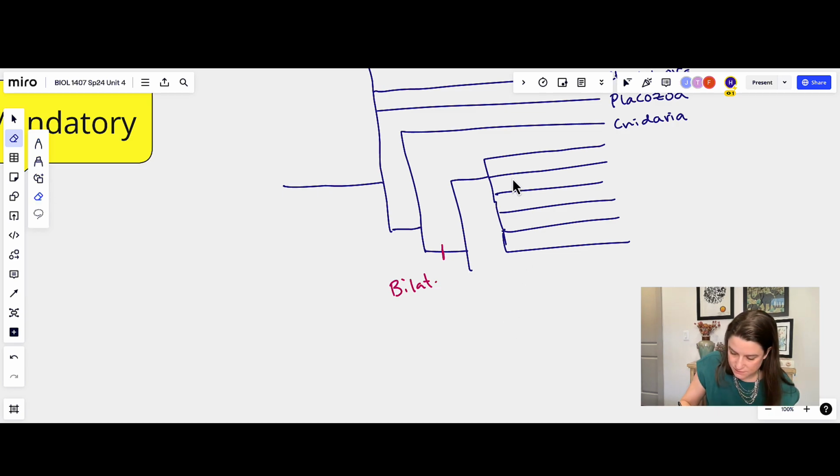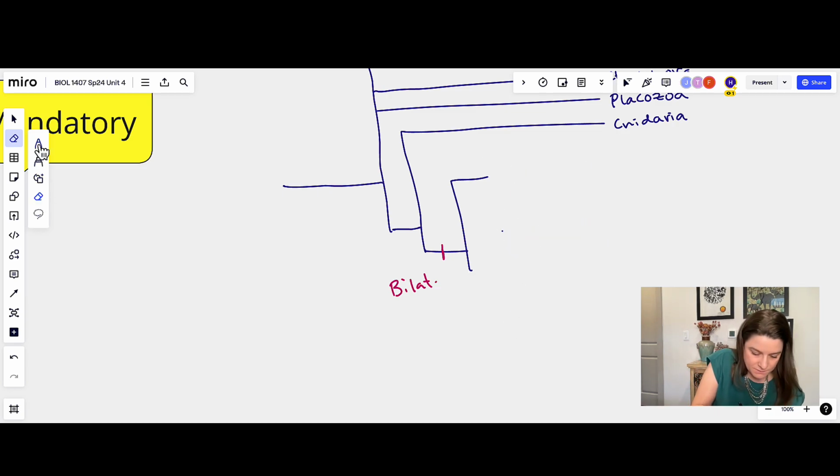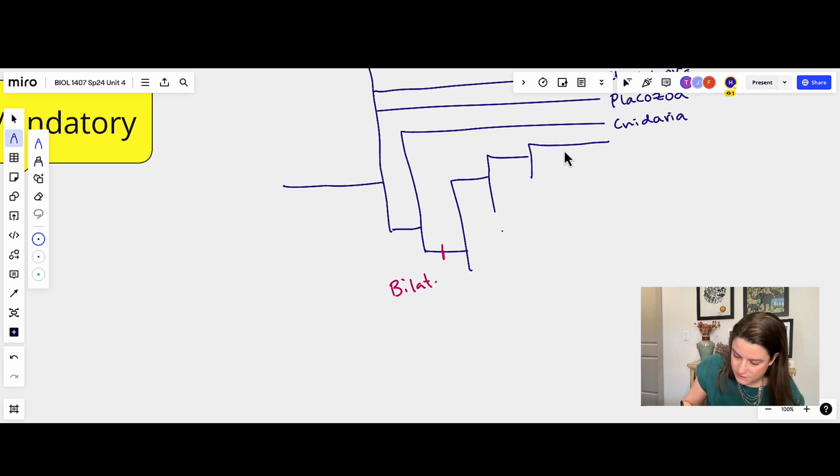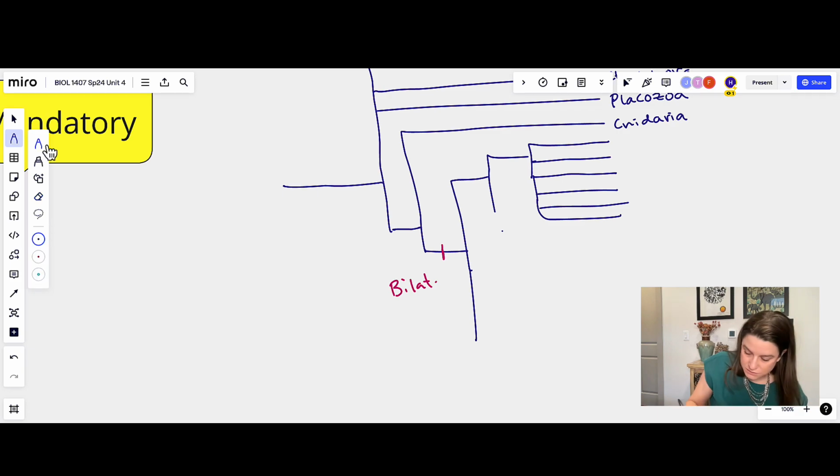Actually, you know what? I messed this up. I need two branches, sorry. Here. This one's going to have 6 groups, I believe. So we just do 6. 1, 2, 3, 4, all in a polytomy, 5, 6. This group, we're just going to look at 3 in a polytomy here.